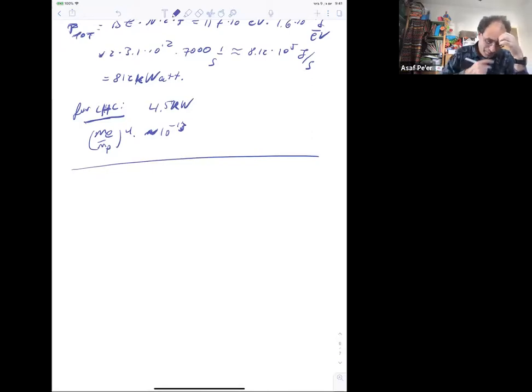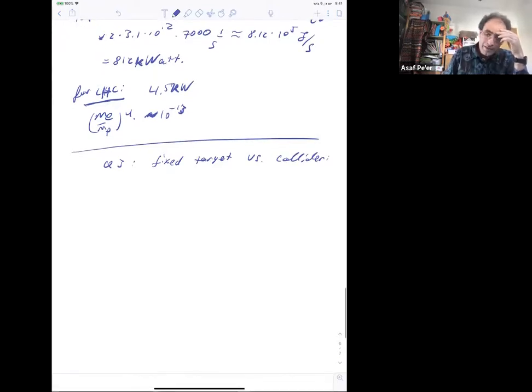Another question. Fixed target versus collider. Let's say that we have a proton with energy E much greater than M_P, which collides with another proton at rest.